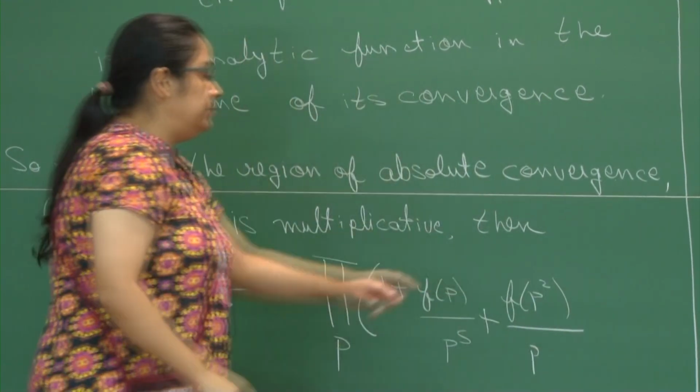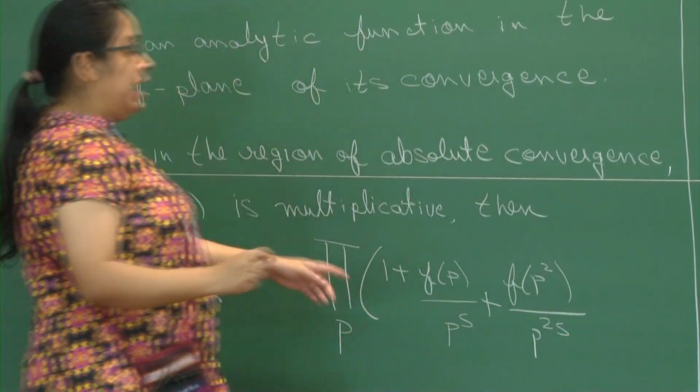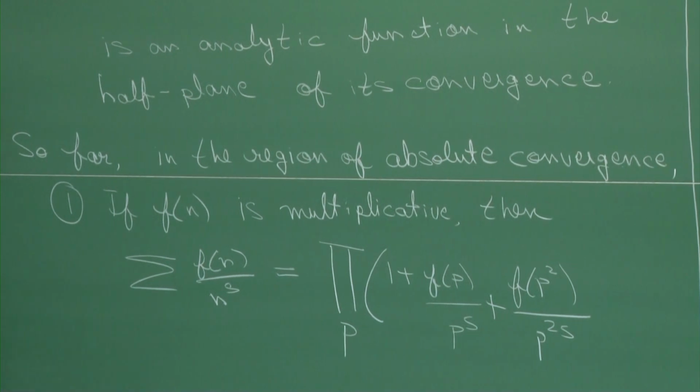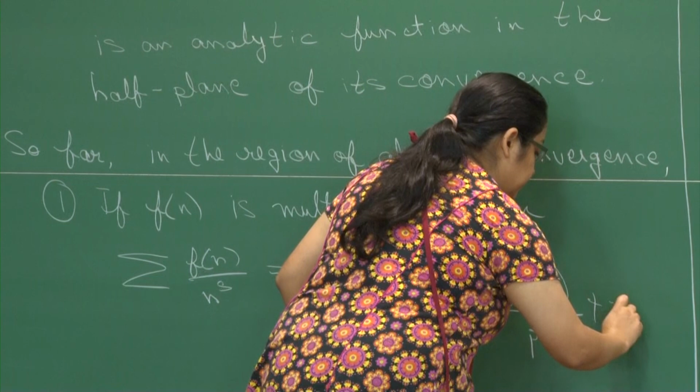So any term in this Euler factor is of the form f of p raised to the k over p to the ks, and so on.